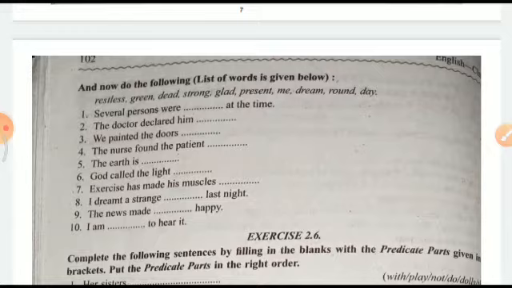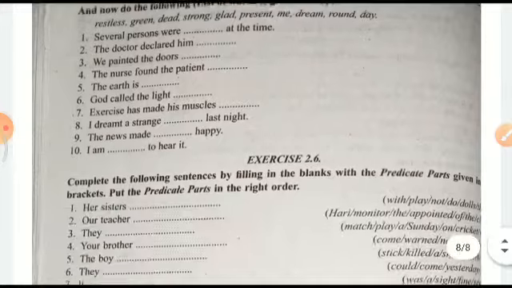Alive is not there in the sentence, so dead is there. So dead will fit in the second part, and the first one will become present. We painted the door. Now when we paint any door, it is done in a particular color, and there is only one word for the color, which is green. So we painted the door green, and this is how you will be doing this.